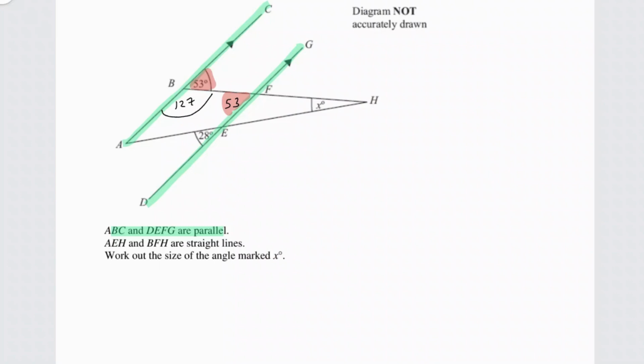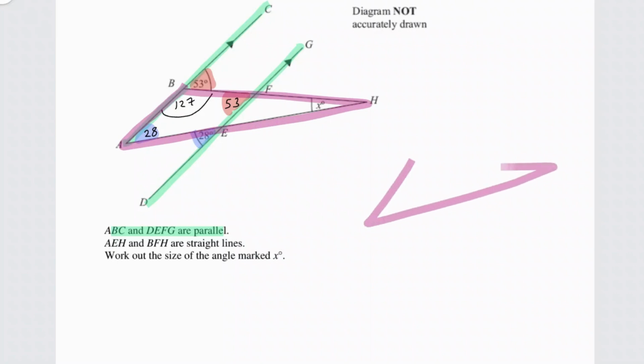Other angles that are the same, this one and this one are alternate. So we know 28 degrees. And how can we get angle X? Well, if we look at it, there is a triangle here, which I might draw separately. And we know two of the angles already.